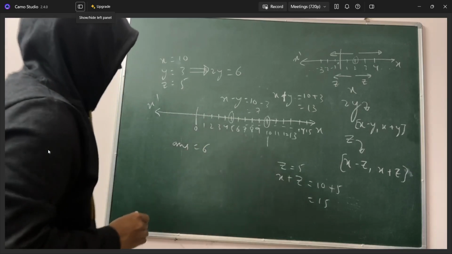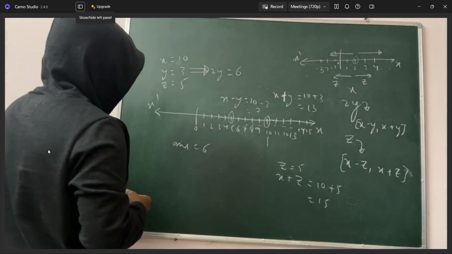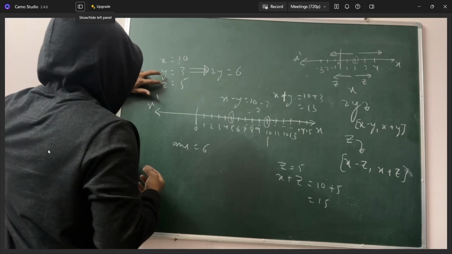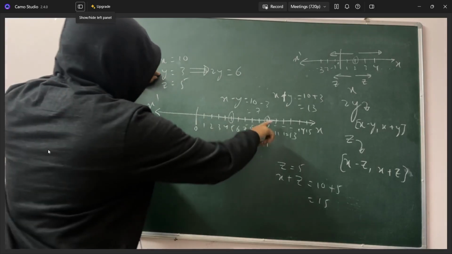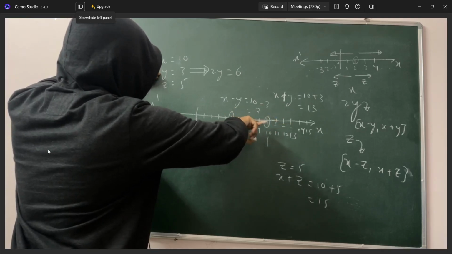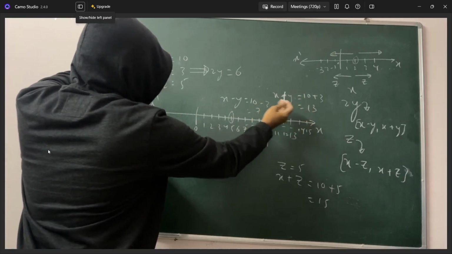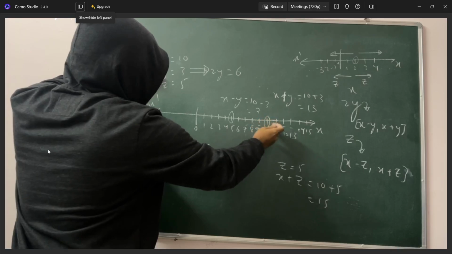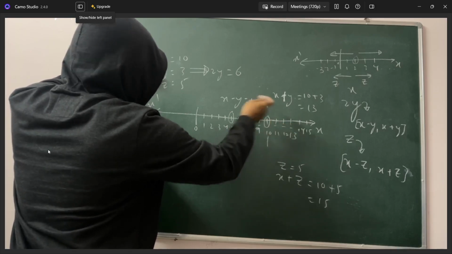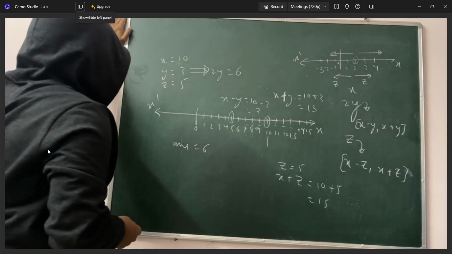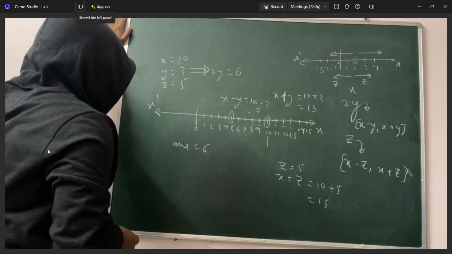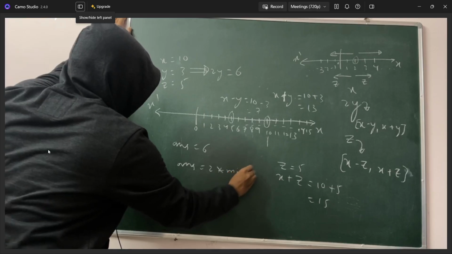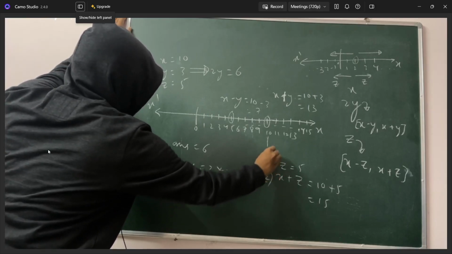So how do we solve this mathematically? The main crux of the problem is we have to understand the relation between Y and Z. Y is the number of friends on the left-hand side or the right-hand side. So let's consider only the right-hand side. The same will be the case for the left-hand side. So once we take care of the right-hand side, multiplying by 2 will give the answer. Your answer is going to be 2 into the minimum of Y and Z. Why the minimum of Y and Z?